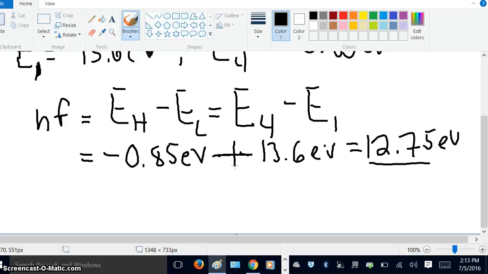And what you do now is figure out the frequency. The frequency is going to equal this difference divided by Planck's constant. Planck's constant h, from chapter 7, is 6.63 times 10 to the minus 34th joule seconds, joules times seconds. So what we need to do is convert the 12.75 from electron volts. This is the point where you have to do that.